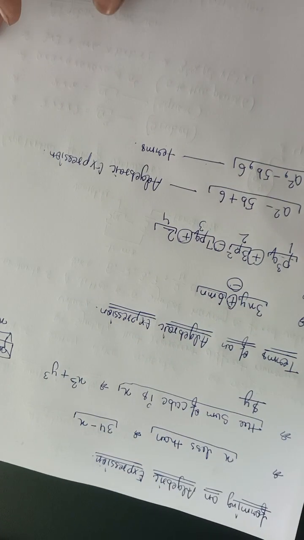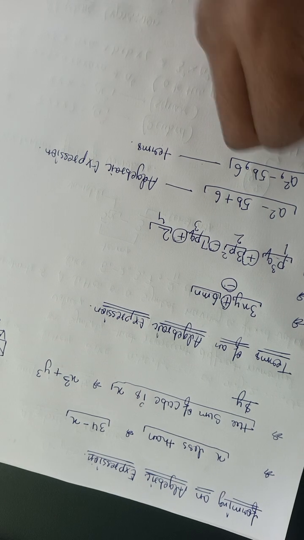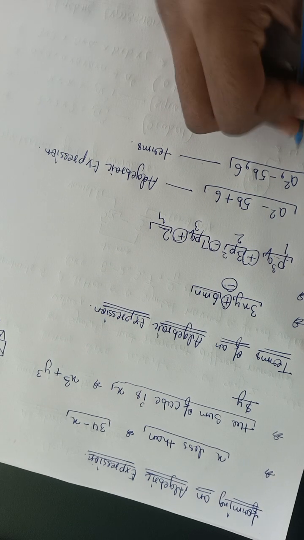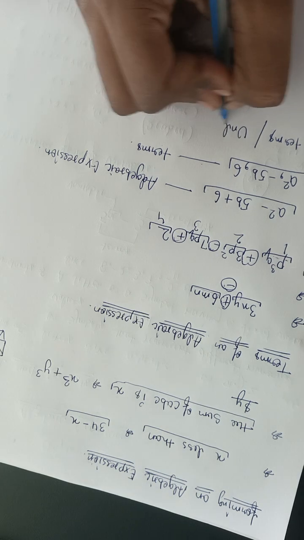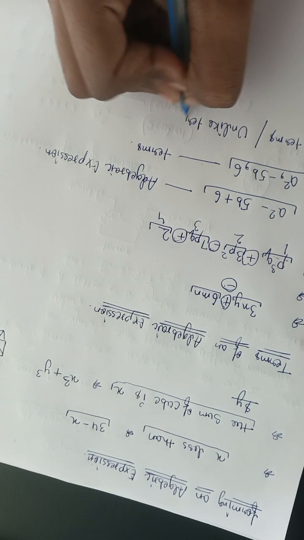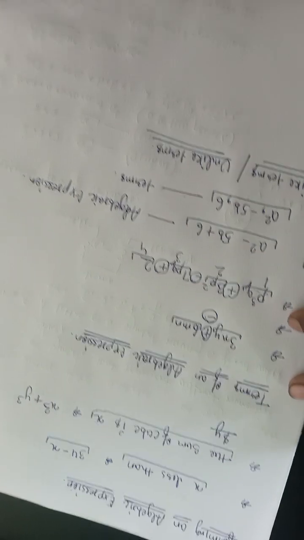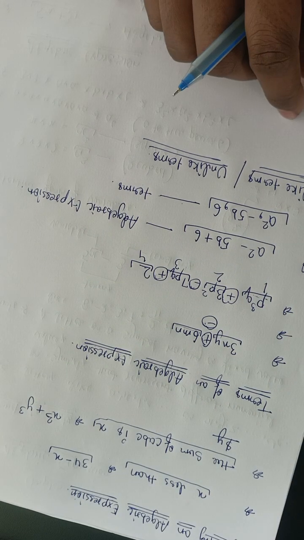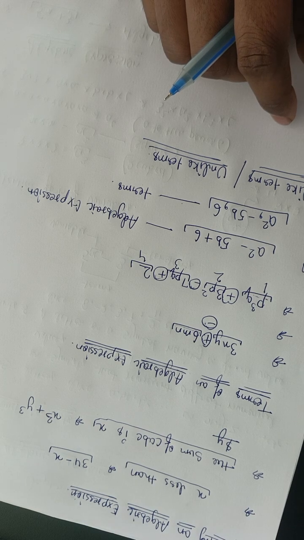Understand? Now there are two kinds of terms: like terms and unlike terms. Here it is saying that the terms having the same algebraic factor, those which contain variables, are called like terms.